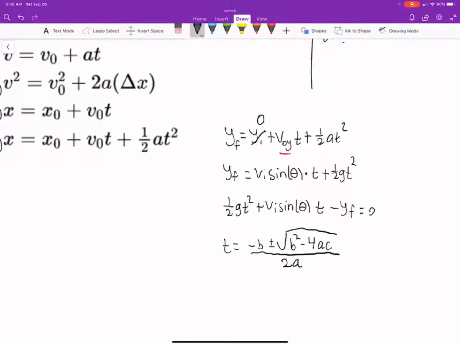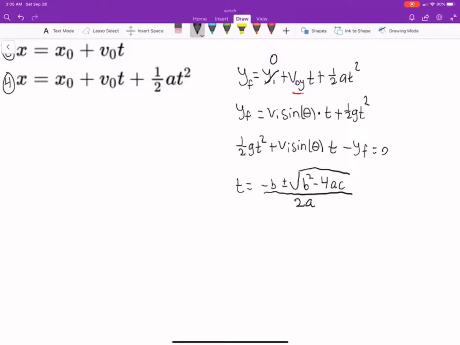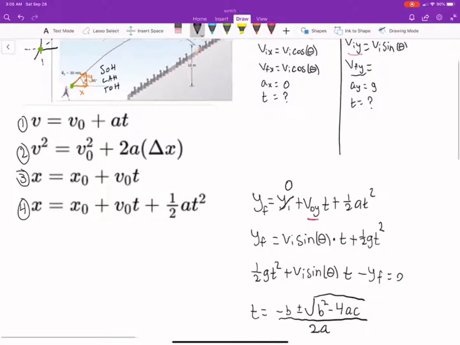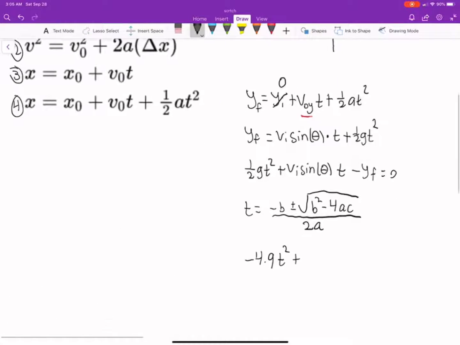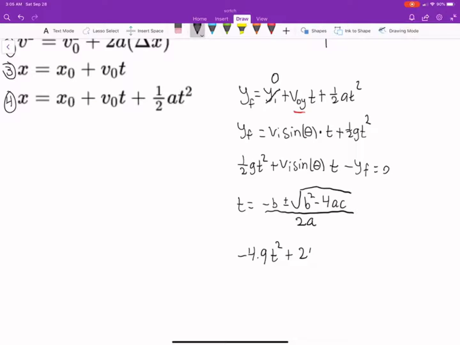It's a little weird here, but we can plug in variables now, I suppose, and we'll get minus 4.9 t squared plus, I have to use the TI here, v initial was 30, so 30 sine of 45, which is just 25.527 t, minus 10 equals 0.